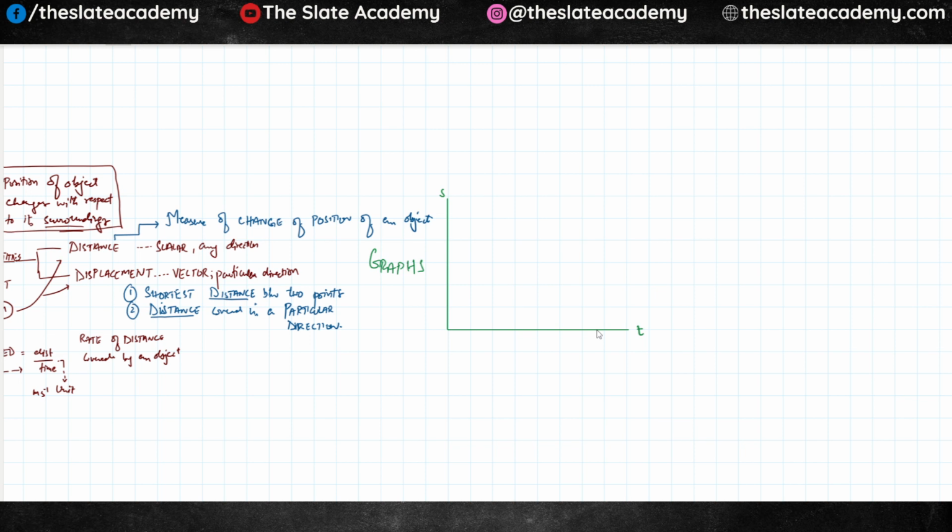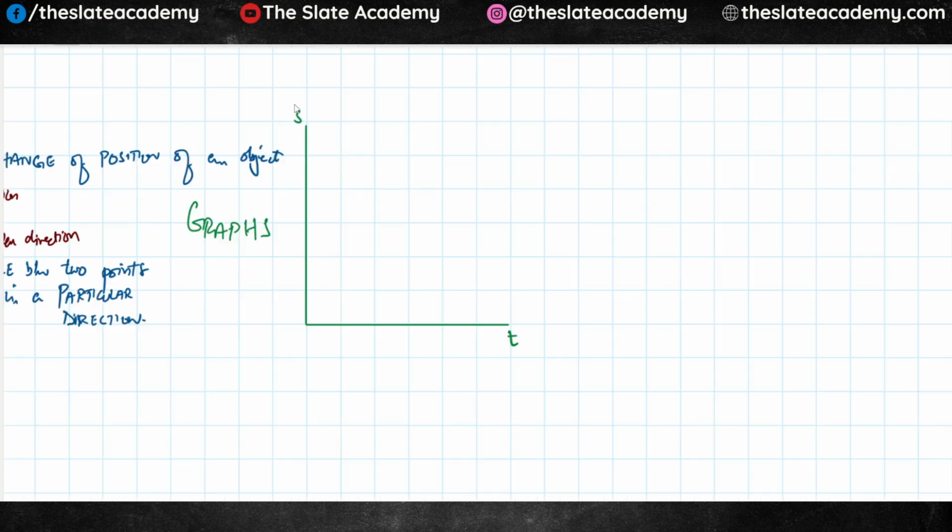Time over here. Then I select Control C, then over here Control V. Okay, so sir, now for the displacement time graph, the first one would be just a horizontal line.